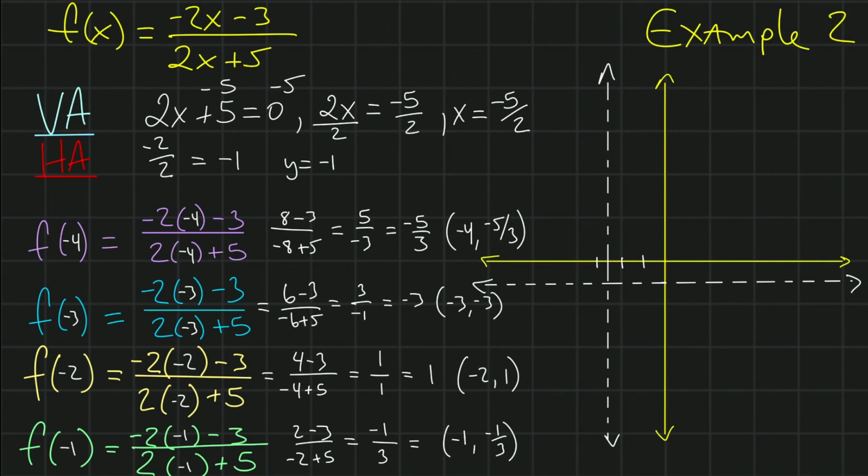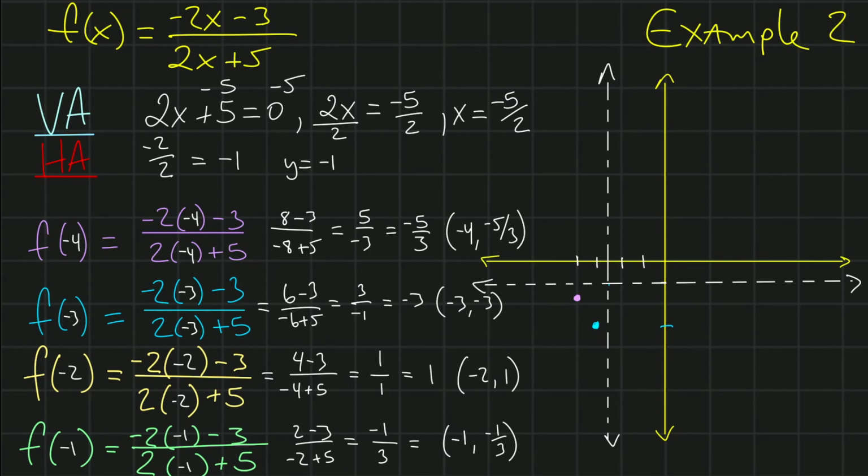So now we'll plot these points. So at negative 4, we'll be at negative 5/3. Negative 5/3 is approximately negative 2. So that would be somewhere close to here. When I plot negative 3, I'm going to be at negative 3 as well for that point.